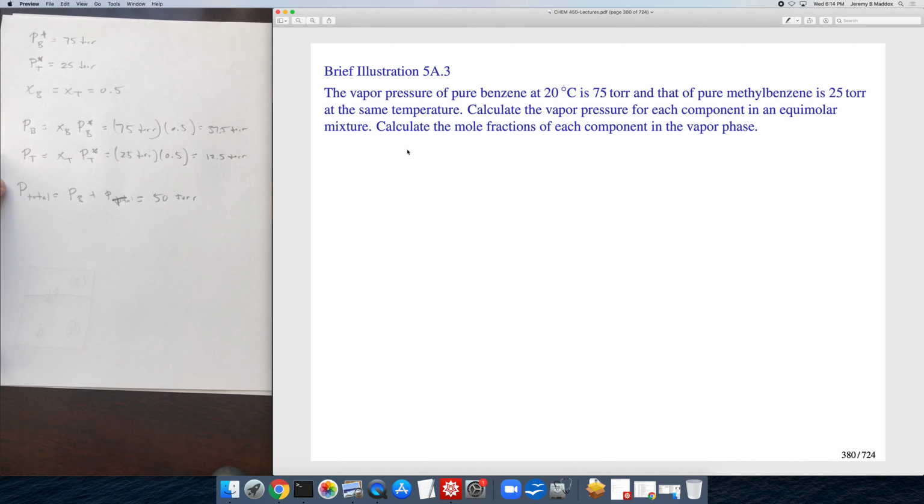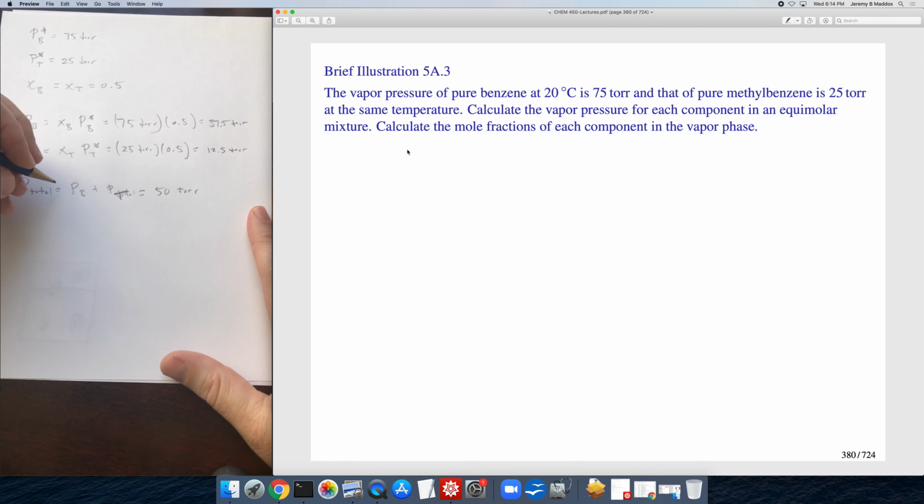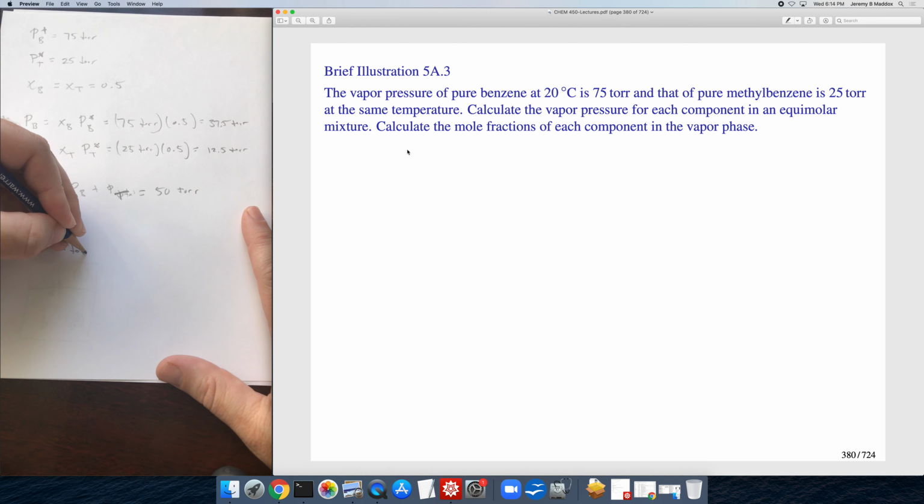Calculate the mole fractions of each component in the vapor phase. Well, the definition of mole fraction for gases, or one of the definitions, I should say, for benzene, you would take the partial pressure of benzene and divide it by the total. For toluene, you do the same thing.